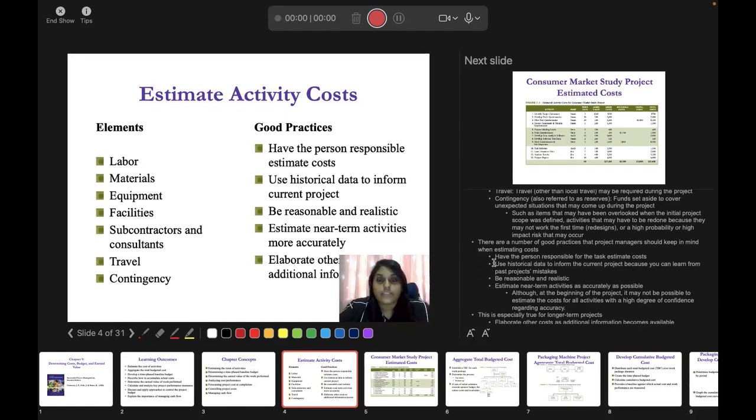So you will have the right amount of knowledge and the right amount of cost that is going to be incurred. And then you need to be reasonable and realistic. Okay, when you are determining your cost, you need to be reasonable, right? Because let's say you are going to buy clothing for your Hari Raya, right?